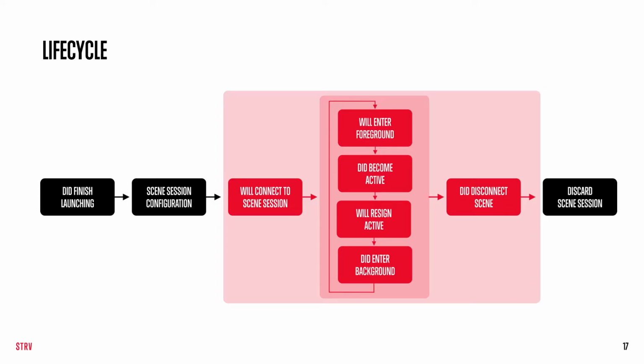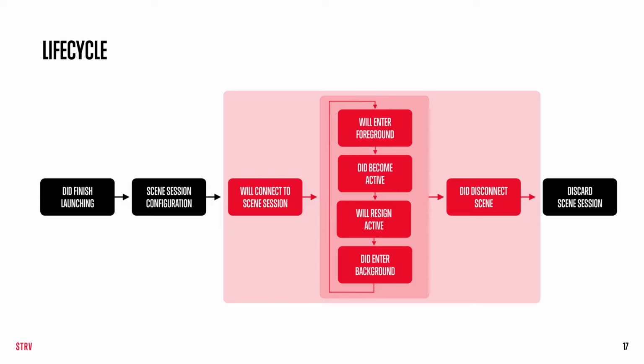This is the whole life cycle. The black pieces are in the application delegate, the red pieces are in the scene delegate. So when your app is launched, the traditional did finish launching is called, but then we need a UI. So the method configurationForConnecting scene session is called in the application delegate, and you are supposed to provide the configuration for a new scene.